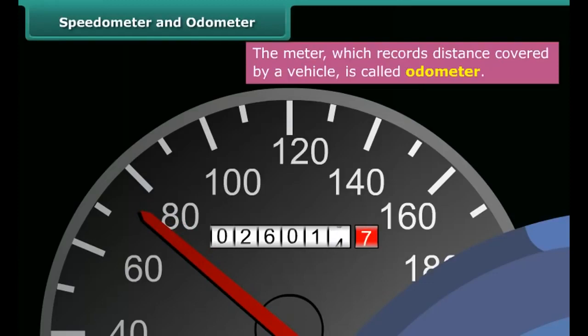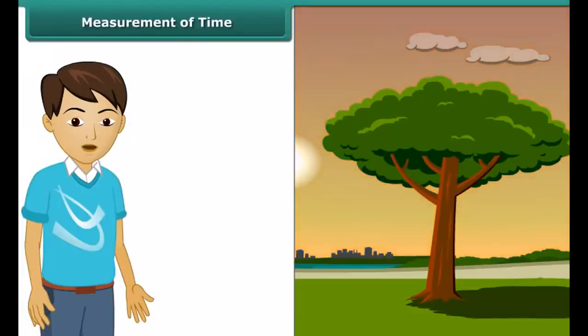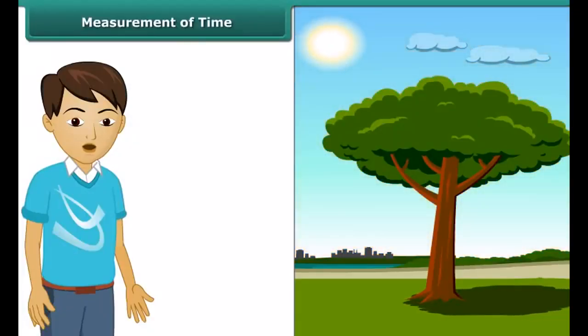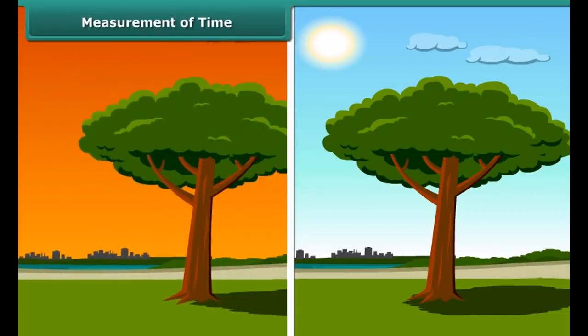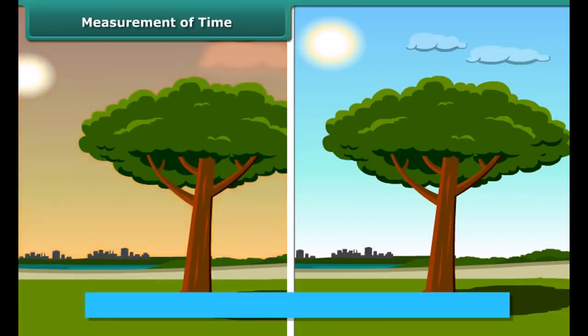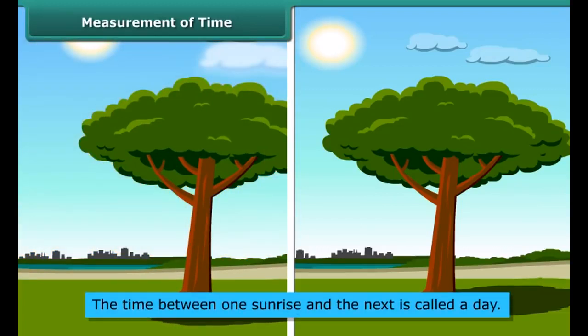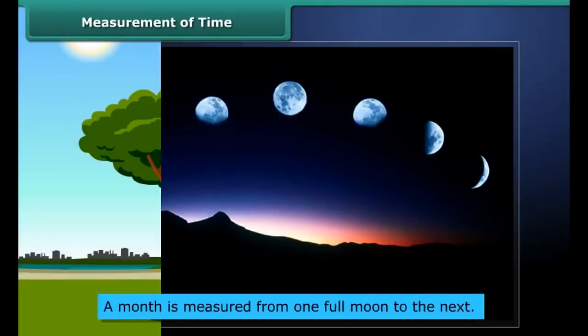This number is the speed of the car in kilometers per hour. There is also a rectangular box within a speedometer that has digits written on it. When the car is in motion, these digits undergo a change, rather increase. This rectangular box is known as the odometer. Its readings show the distance covered by the car.